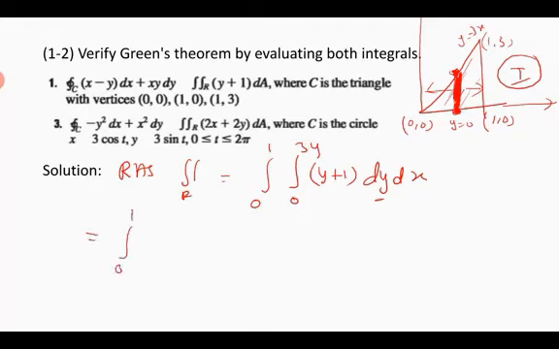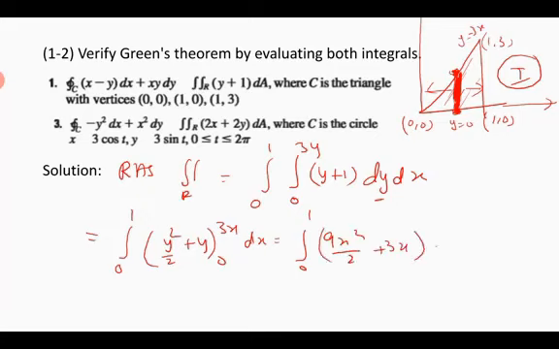Integral 0 to 1 outer limit, inner is y square over 2 plus y from 0 to 3x, dx. Integral 0 to 1 of 9x square over 2 plus 3x dx. Integrate with respect to x again: 9x cube over 6 plus 3x square over 2 from 0 to 1. So this is 9 over 6 plus 3 over 2.